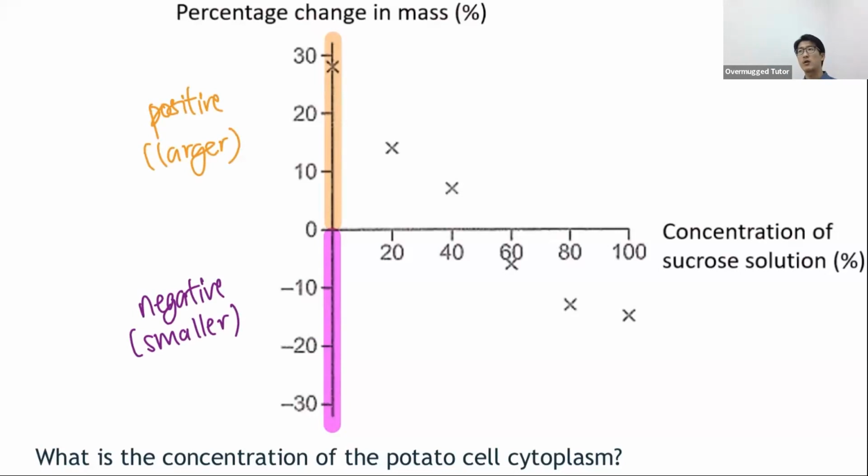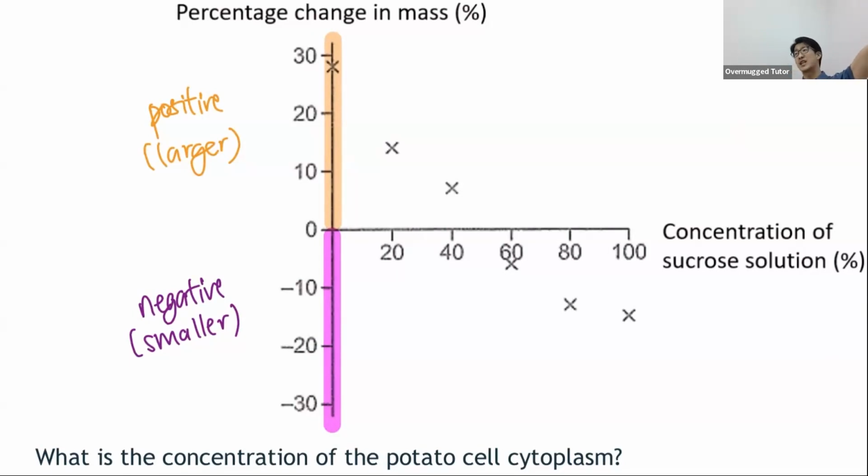Brian, choose one. Tell me, why would the potato cylinders become larger or smaller? Because the water concentration in the potato is less than the solution. No, choose one first. Which one do you want me to talk about first? The positive change one.